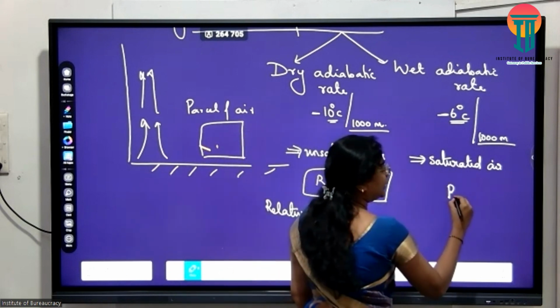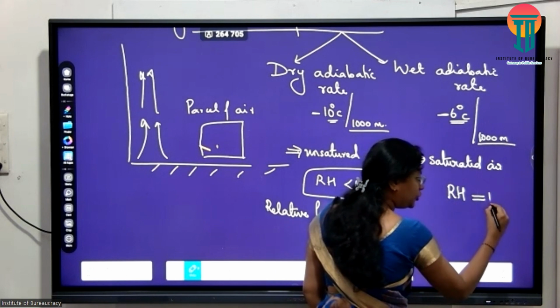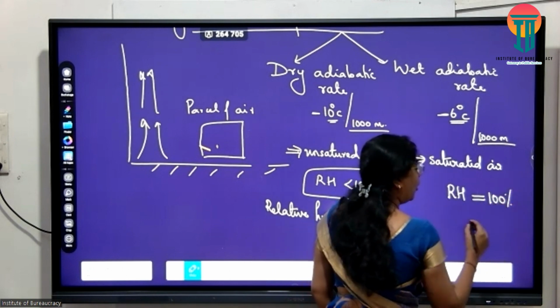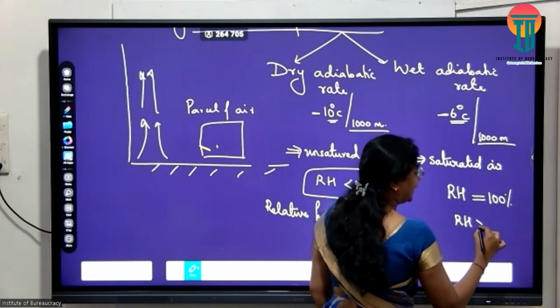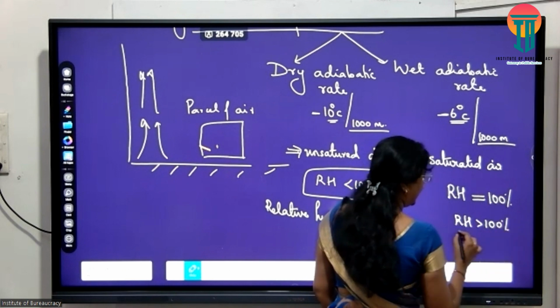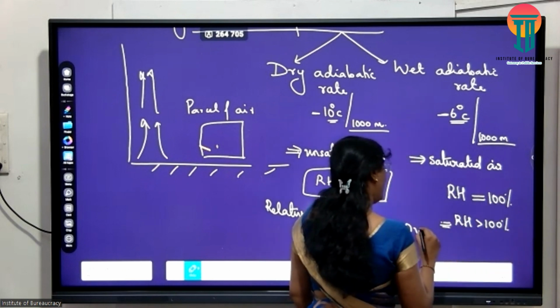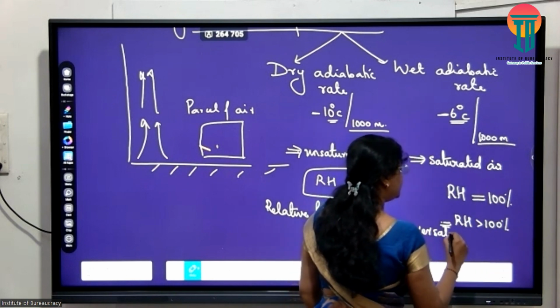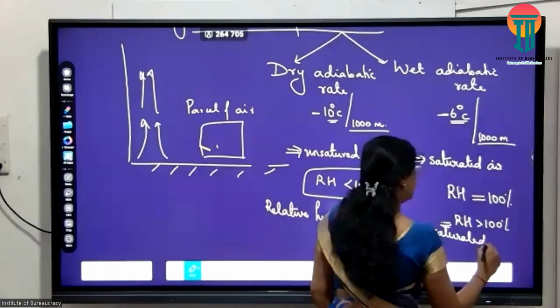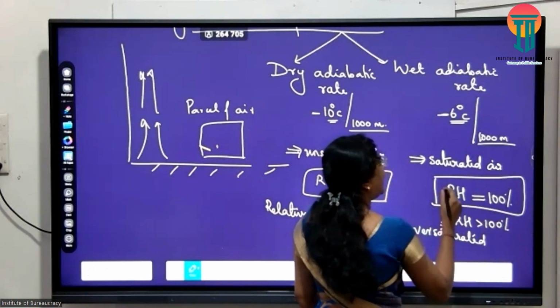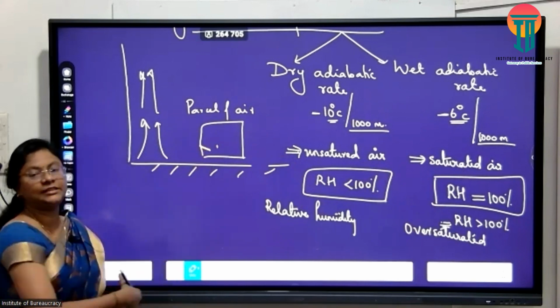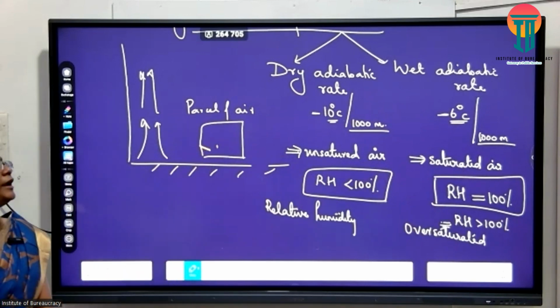Whereas when the relative humidity is equal to 100%, or sometimes greater than 100%, which they call oversaturated, if that air ascends or descends, it happens at the wet adiabatic rate.